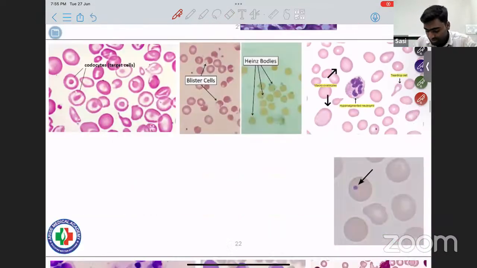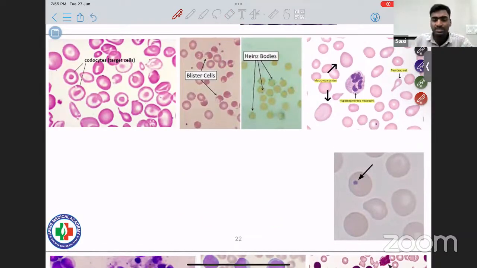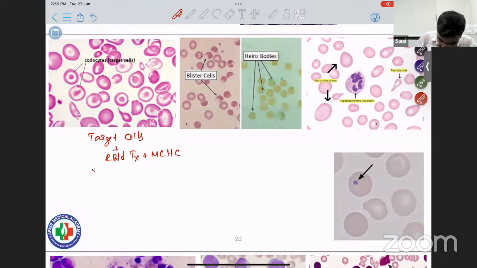Next, we'll move on to the blood part. These are all the questions which are repeatedly asked. Okay, fine. We see target cells, along with a history of repeated blood transfusion, plus microcytic hypochromic anemia. What do you think of?